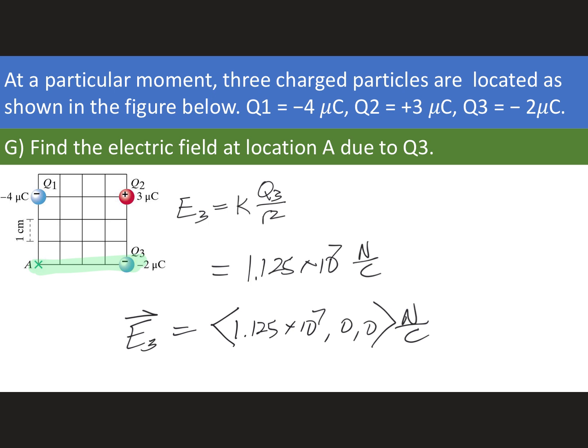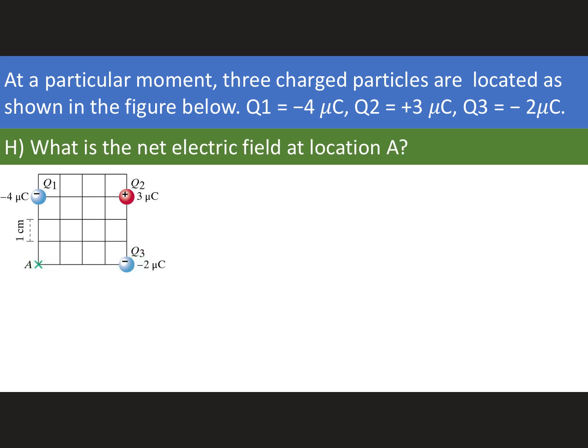And now, what's the net electric field at location A? The net electric field would be E1 plus E2 plus E3. We would add all of those values, and I make sure I have them here.